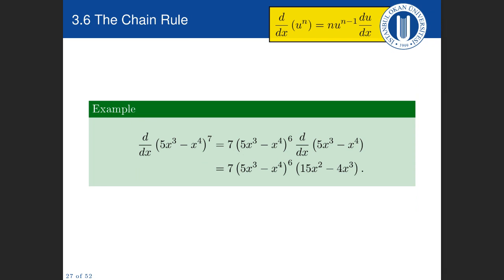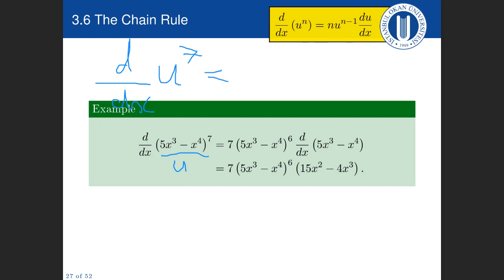I'm going to repeat the problem on slide 27. Okay, I want to do the derivative d/dx of a function u to the power 7.